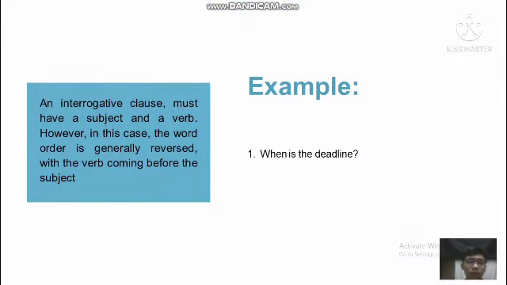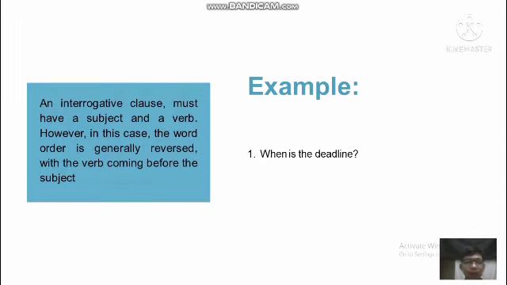An interrogative clause, like other full sentences in English, must have a subject and a verb. However, in this case, the word order is generally reversed, with the verb coming before the subject.